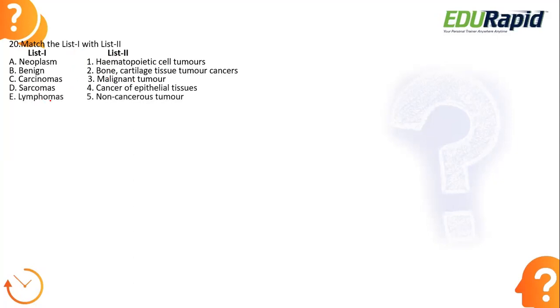The last option that we have, lymphomas, non-cancerous tumors. Under list 2, we have the next option, initiation of new tumors. So options are option A, 35421, option B, 25436, option C, 64321, option D, 23564.